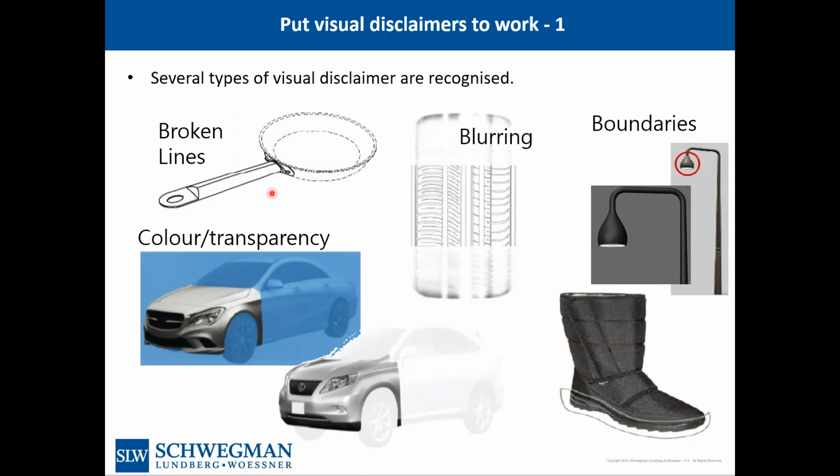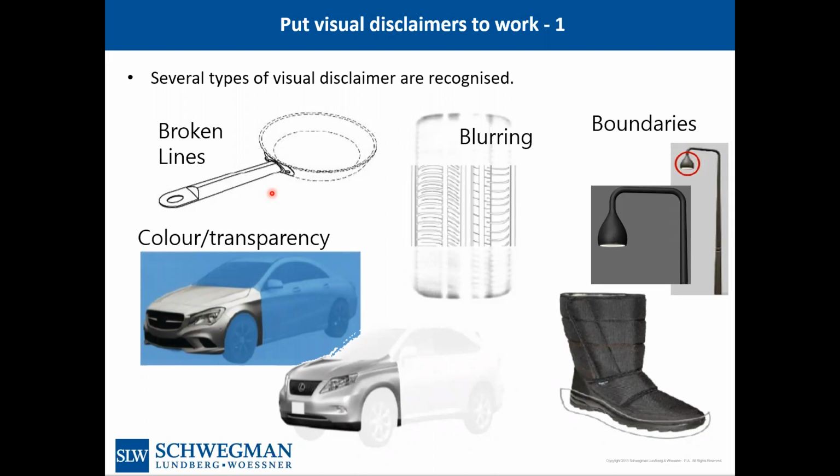And I would also say the use of a line drawing is almost a kind of visual disclaimer already, because it avoids those problems of color contrast being inadvertently included. It avoids anybody deciding that a lack of surface decoration is a feature of your design. So already going to line drawings, you gain a lot of control, and then with broken lines you can indicate particularly what's to be protected.